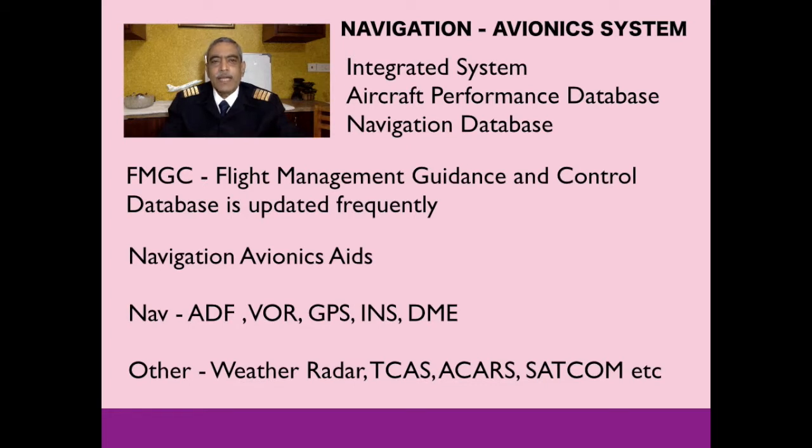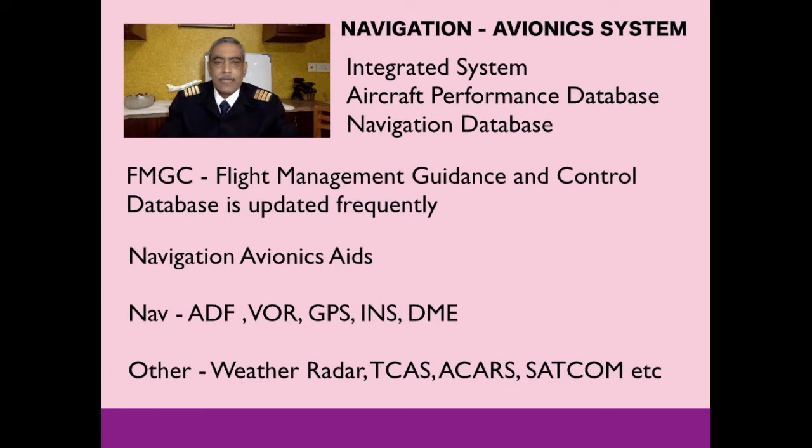The navigation avionic aids that are contained as a part of this system are the automatic direction finder, which is called the ADF, the VOR, the GPS, the inertial navigation system, and the distance measuring equipment.